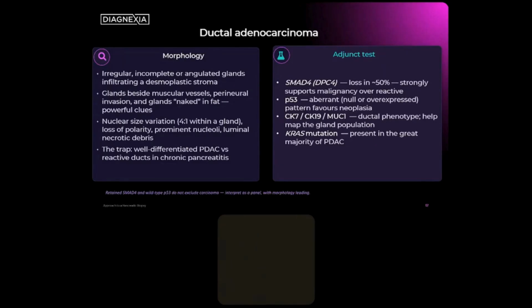You can do a variety of molecular and immunohistochemical adjunctive tests to help you, and I've listed them there. But generally speaking, you can make the diagnosis on morphology with limited use of molecular and immunohistochemistry, especially in limited material.